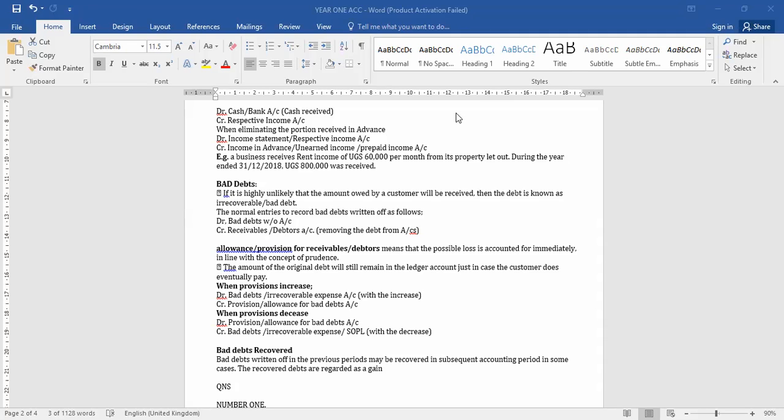So when you provide for bad debts, if it's the first time, you will recognize the expense by debiting the expense, increase in provision for bad debts, and then you credit the provision for bad debts account. There's a difference there. The provision for bad debts is more of a liability account, but it's not really a liability because it does not sit on the statement of financial position or the balance sheet.